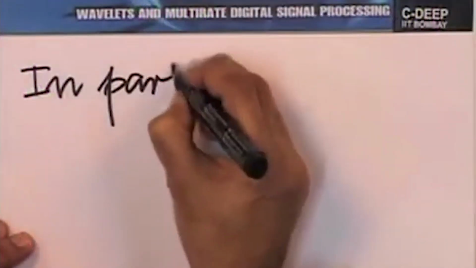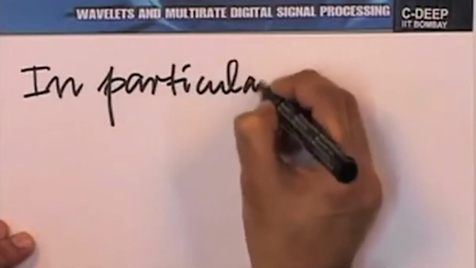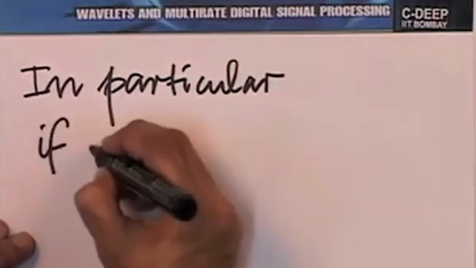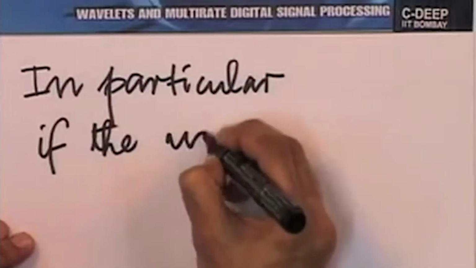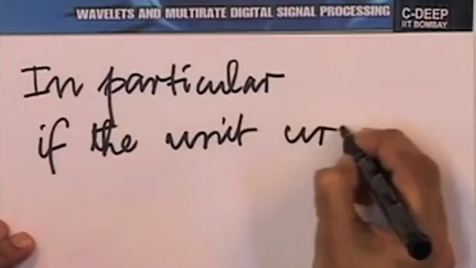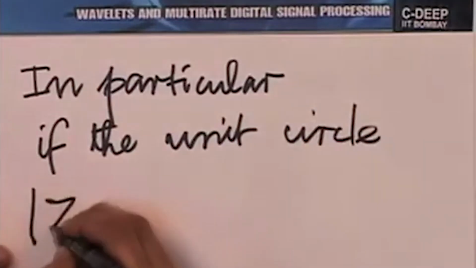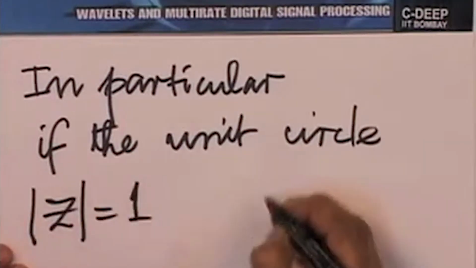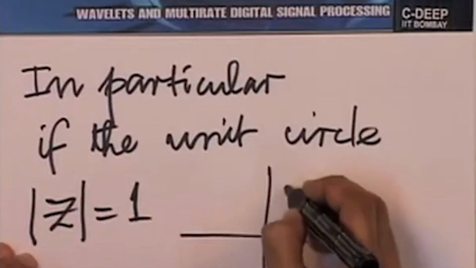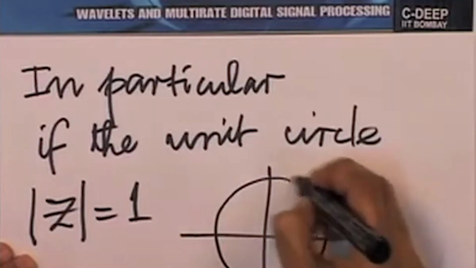So, in particular, if the unit circle, that is mod z equal to 1, it is a circle, you see, mod z equal to 1 is a circle of radius 1 in the z plane.